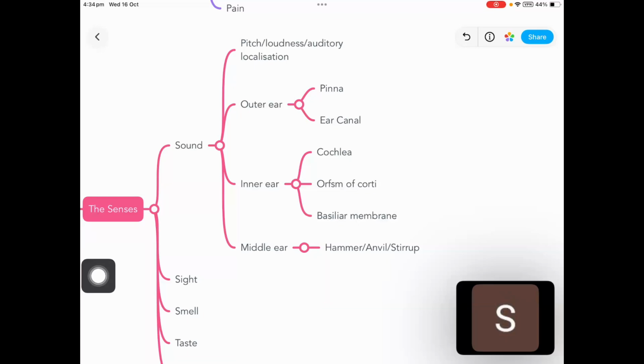Am I talking loud? Am I talking soft? And also, am I talking over here or over here? Where am I talking in the kind of 3D environment? We call that auditory localization. They're all really important bits of information that we can pick up from our sense of hearing.